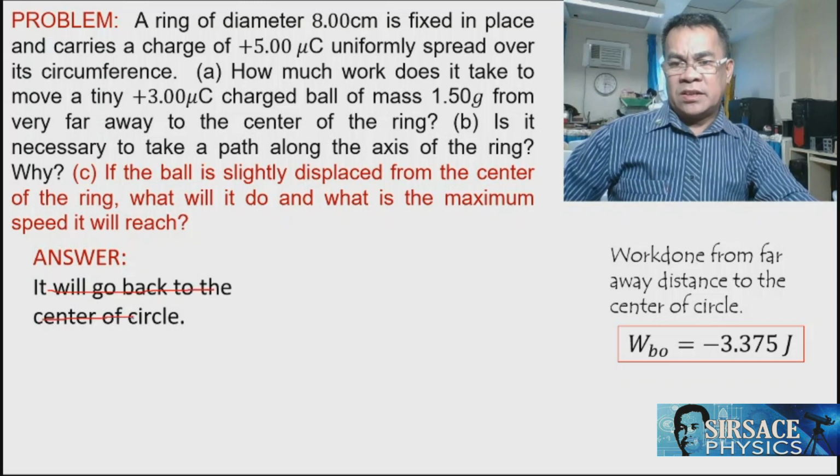The correct answer: when you slightly place the object from the center of the ring, it will move out of the ring, toward infinite distance, where the potential becomes zero.